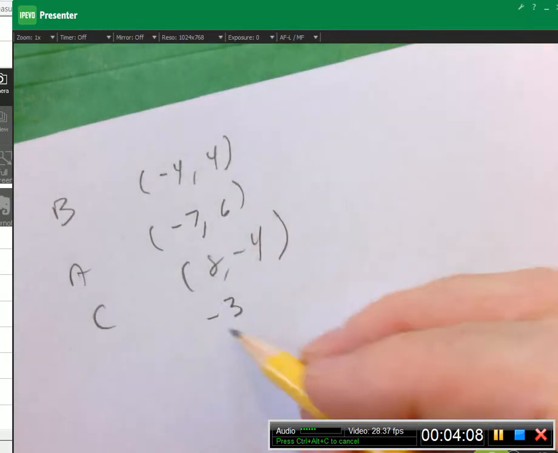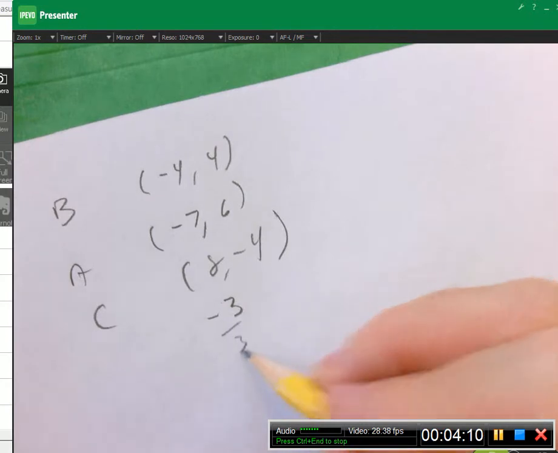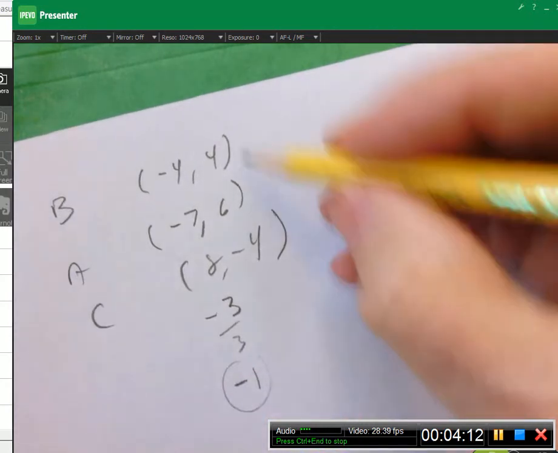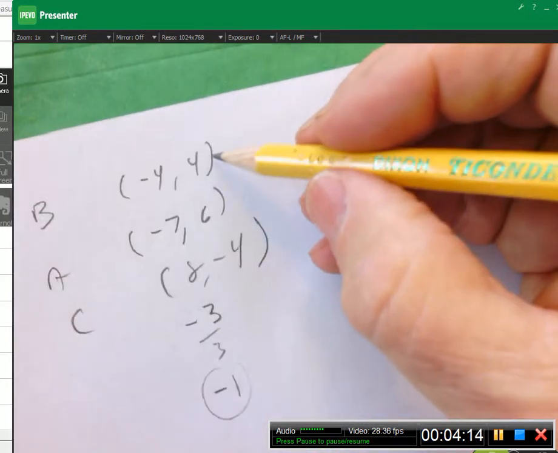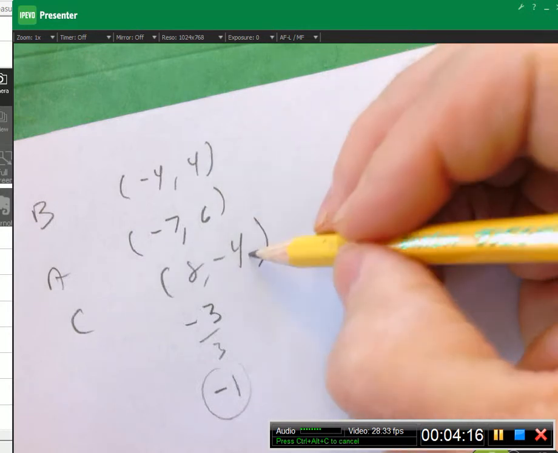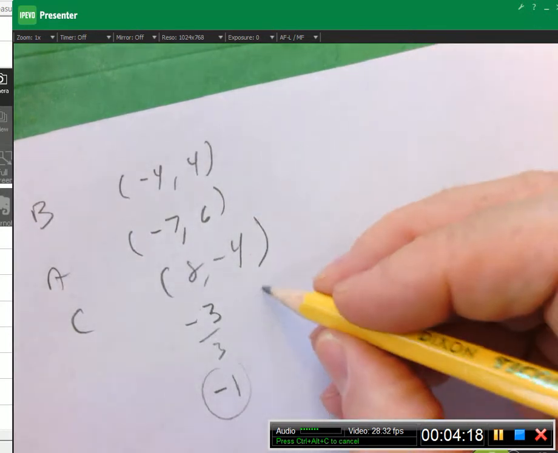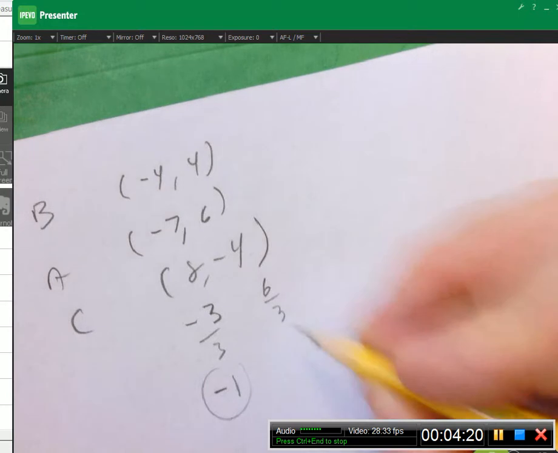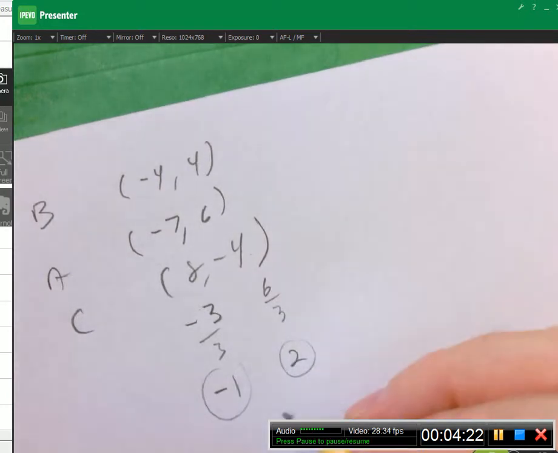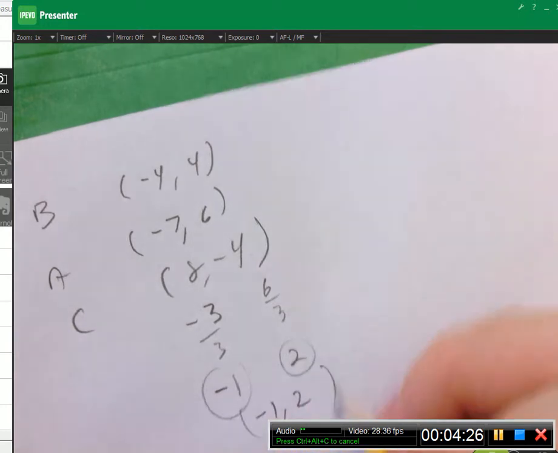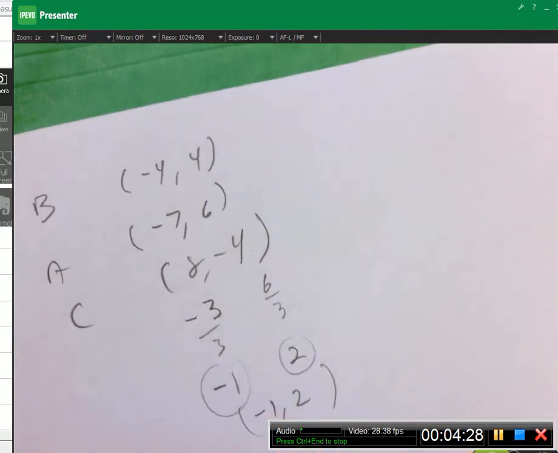And I divide that by 3 to average them, and I get -1. Okay? If I average the y coordinates, 4 plus 6 plus -4 is going to be 6. Divide that by 3 and I get 2. So the point -1, 2 is the point I want to look for.